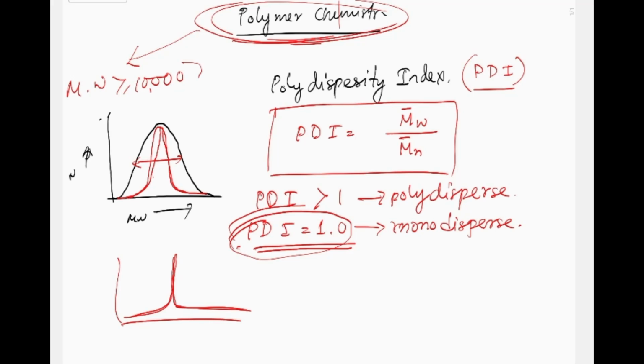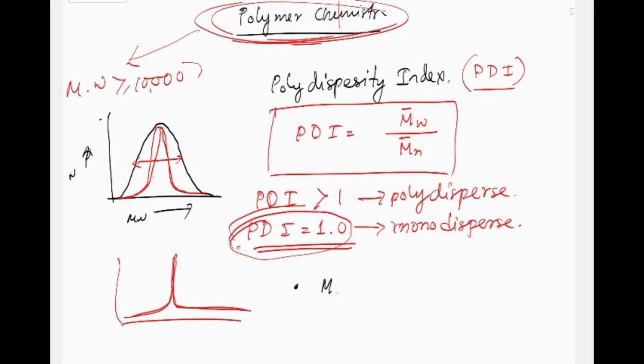Now we have already mentioned that there are different types of molecular weight calculations: Mn, Mw, Mz, number average, weight average, and Z average. Among them, the order is a question that is often asked.